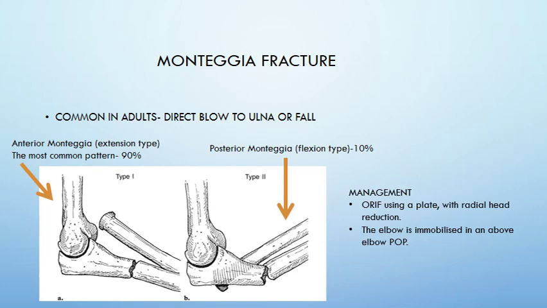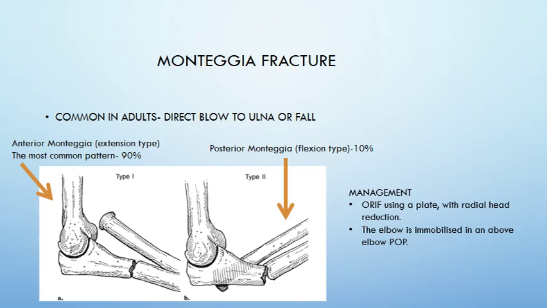It's very common in adults, and the mechanism of injury is a direct blow to the ulna or a fall. You get an extension type or a flexion type. The extension type is more common and occurs in 90% of Monteggia fracture patients.